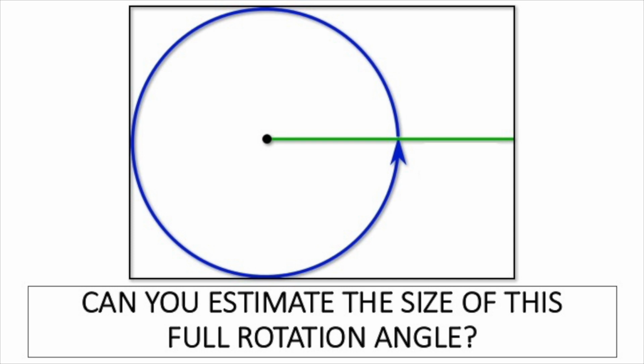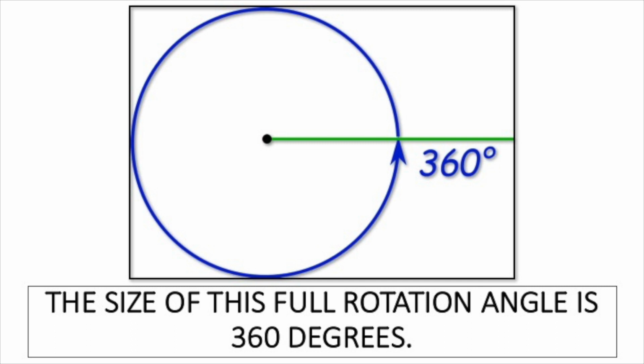A full rotation angle must always be 360 degrees. The size of this full rotation angle is 360 degrees. A complete circle. Can never be less, can never be more.